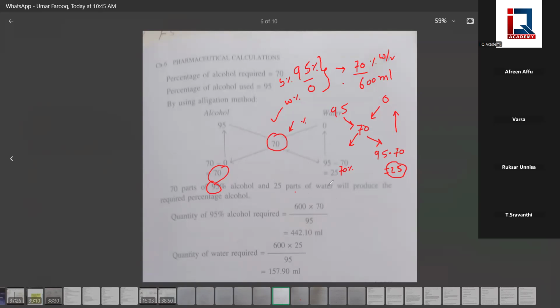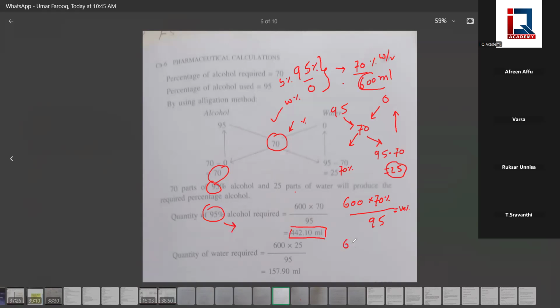How to calculate the volume? So he is asking to calculate 600 ml. So for 600 ml of 70%, how to take it is, 600 ml into 70 by 95, total parts, will give me the volume of alcohol to be taken. 95% alcohol, that is 442 ml of 95% alcohol to be taken.